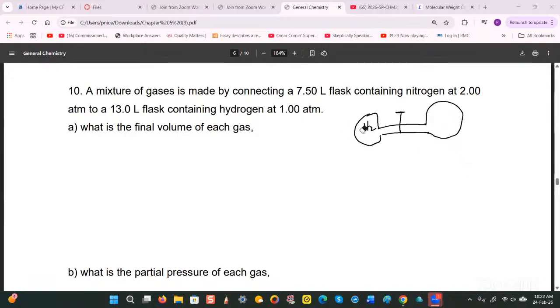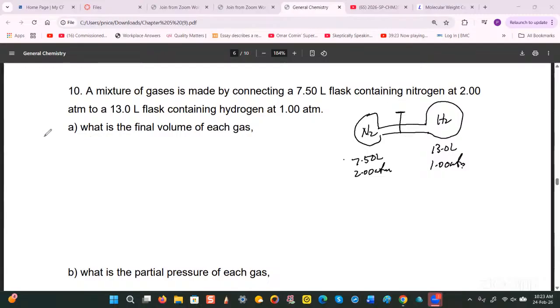I apologize. This is 7.50 liters and 2.00 atmospheres, and this would be nitrogen. And then in the case of hydrogen, it is 13.0 liters and 1.00 atmospheres. All right. So basically, this is the setup.